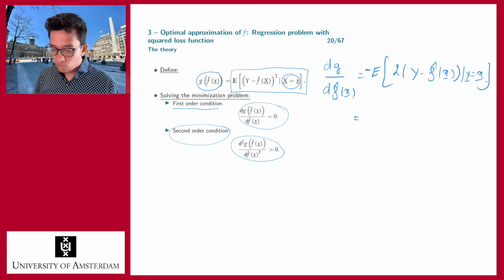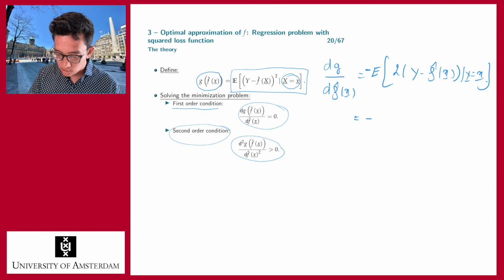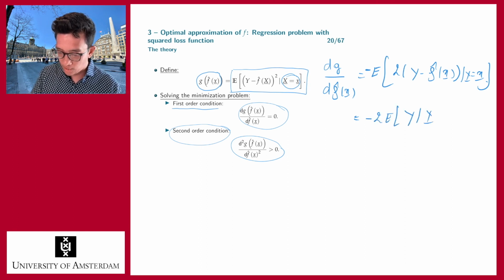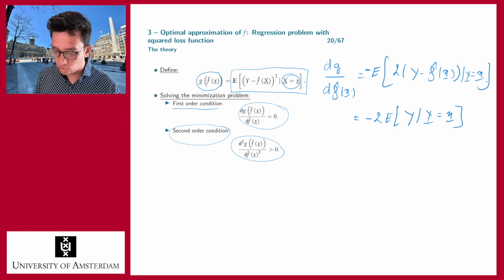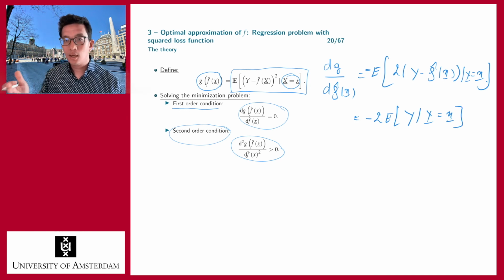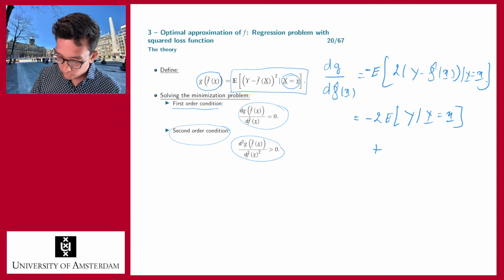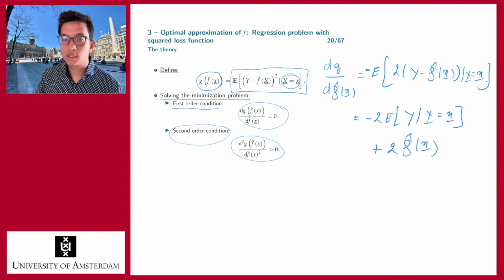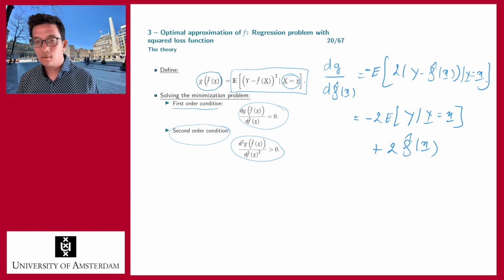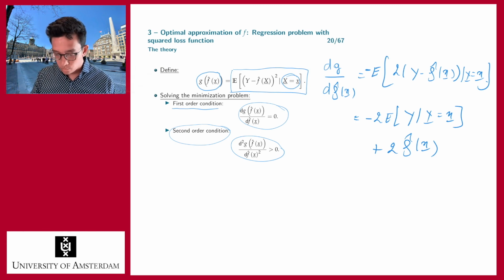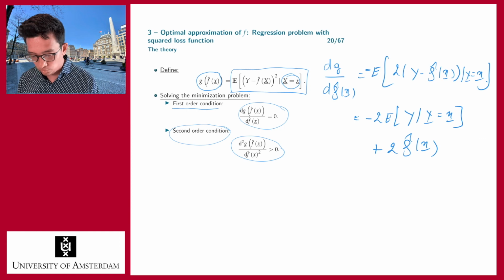Okay, this we can write a bit further. We can write this as minus 2 the expectation of y given X is x, because we can use the linearity of the expectation, plus 2 times f hat of x, because x is known to us, so f hat of x is a real number.